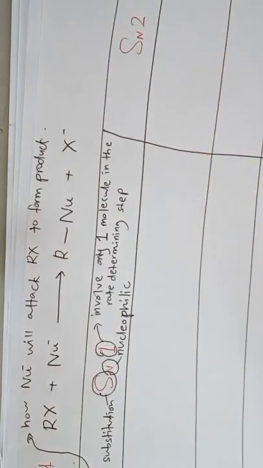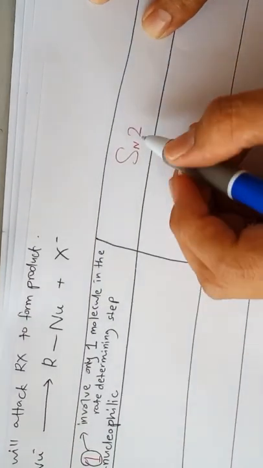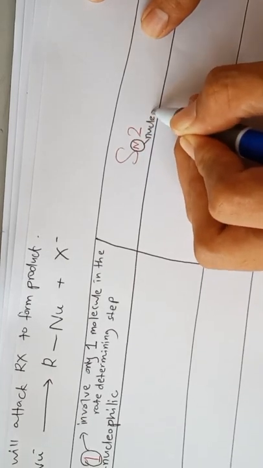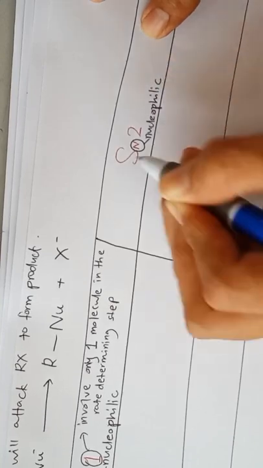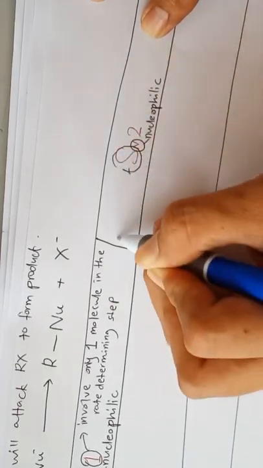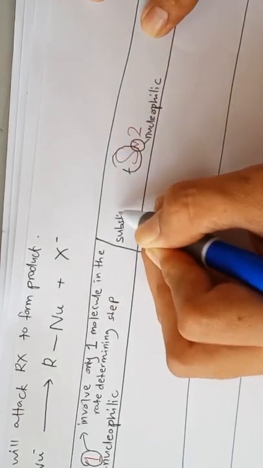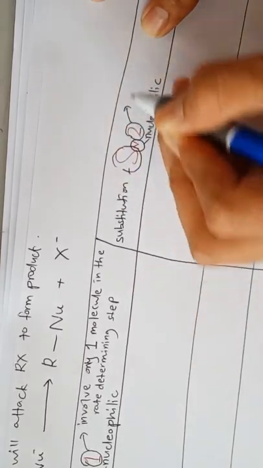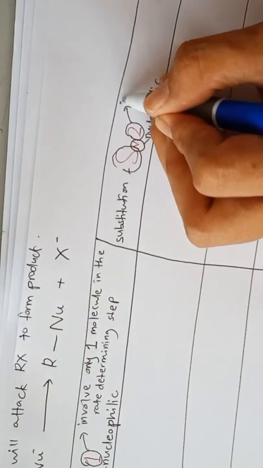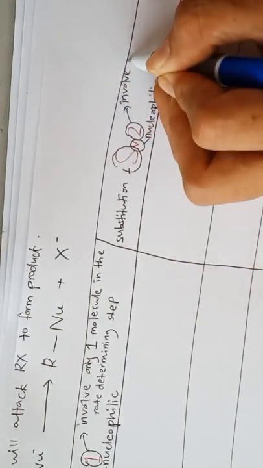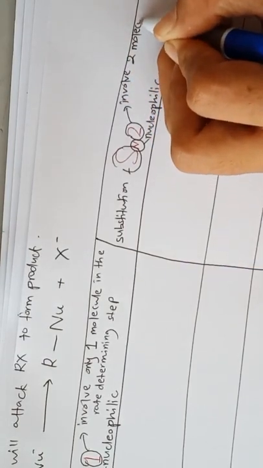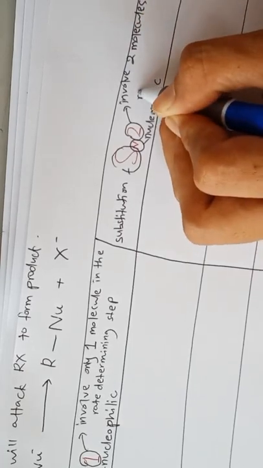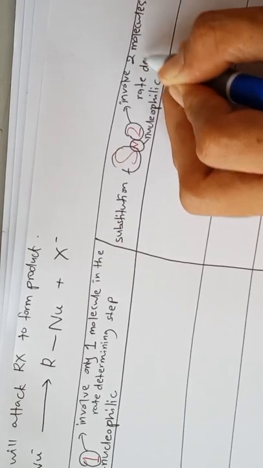While for the SN2 reaction, N is nucleophilic and S is substitution, and 2 because in this reaction it will involve two molecules in the rate determining step.